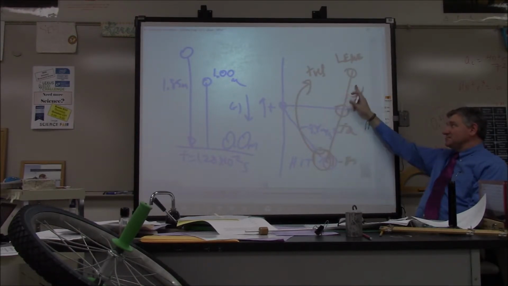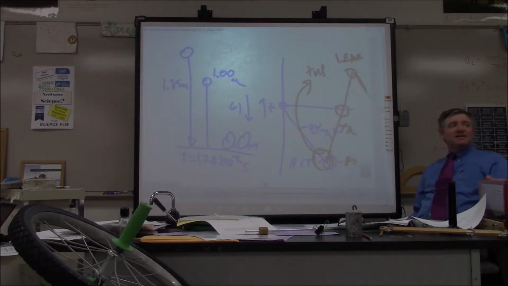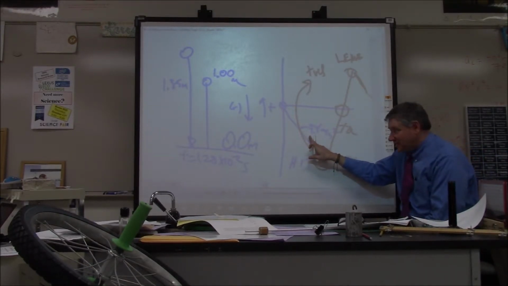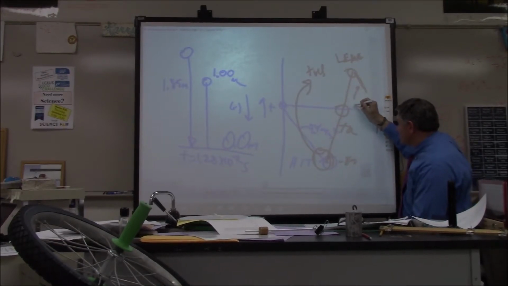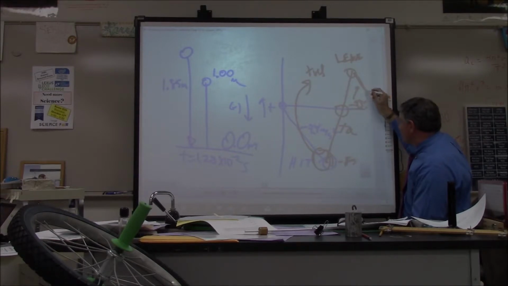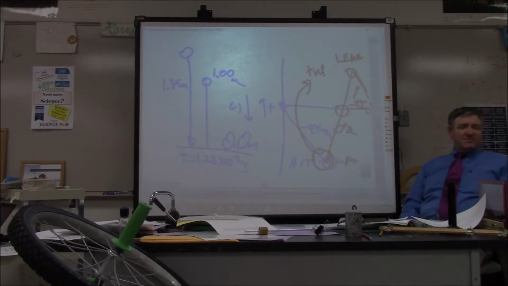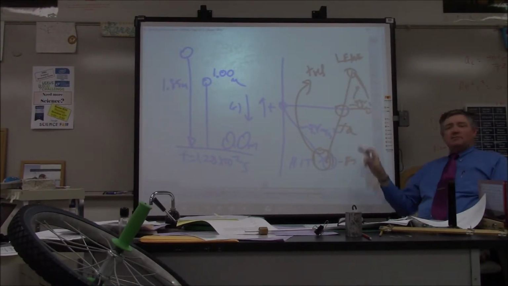Because in both situations, the only force acting on it is gravity. So this line has a slope of negative 9.8 meters per second squared, and so does this line. Now eventually, this line's going to cross 0. When it gets back to 0, where's that ball at?